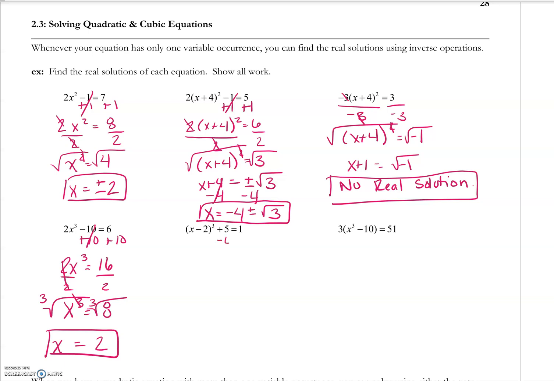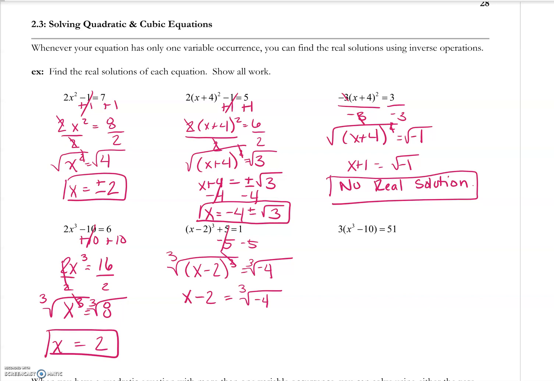For my next one, I'll start by subtracting 5 and getting x minus 2 cubed equals negative 4. I'll cube root both sides and get x minus 2 equals the cube root of negative 4. I know some of you are tempted to look back up at this third example and write no real solution.